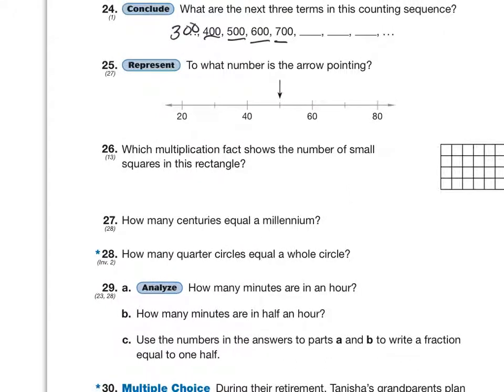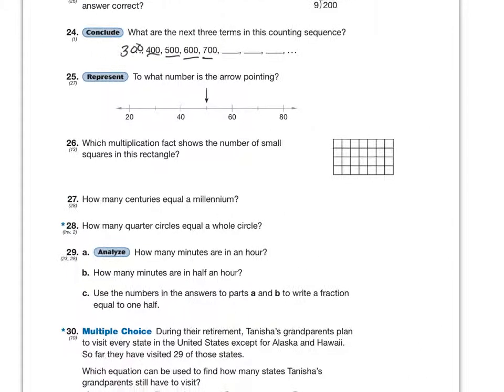All right. I think you can get that. Now, 26. Which multiplication fact shows the number of small squares in this rectangle? This is pretty simple. So I've got 1, 2, 3, 4. That means I got 4 on this side, and 1, 2, 3, 4, 5, 6, 7 on this side. 4 times 7.